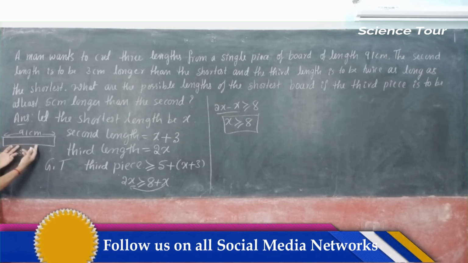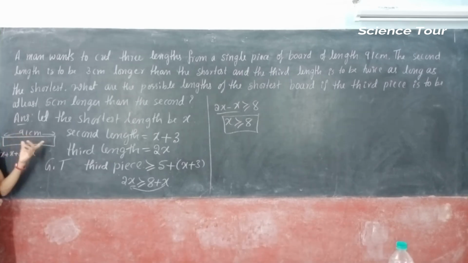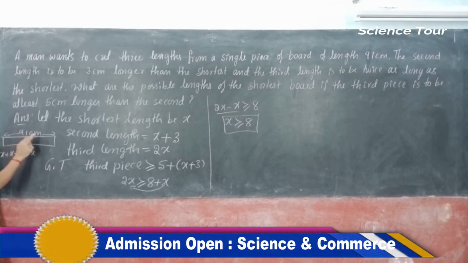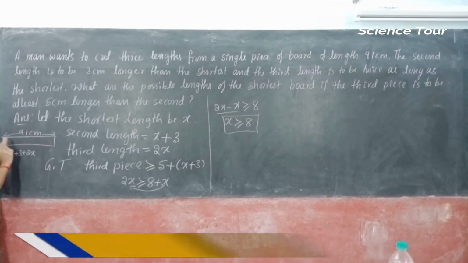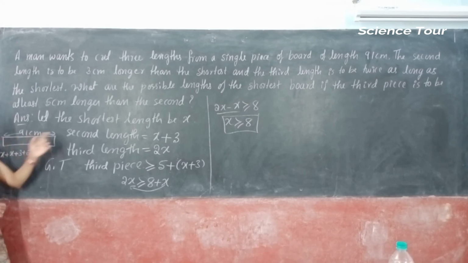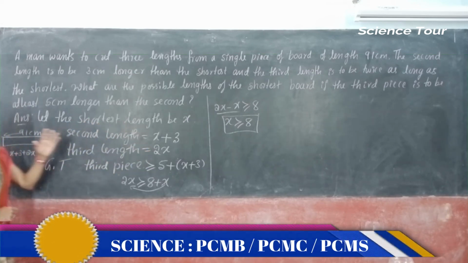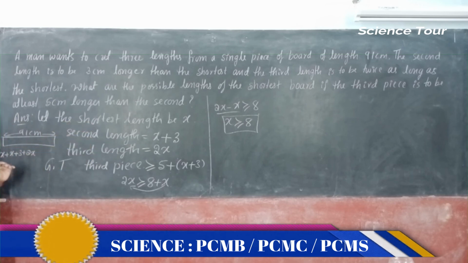That may be exactly equal to 91 or less than 91. More than that we cannot take. Why? Because you have only this much length single board. 91 centimeter single board you have. Using that much only you have to cut that into 3 pieces like this. So total of these 3 pieces should not exceed 91 centimeter.